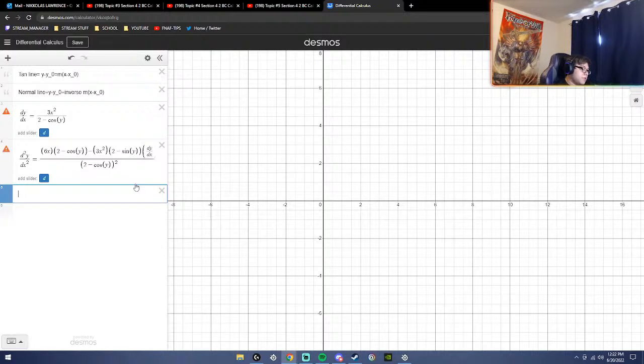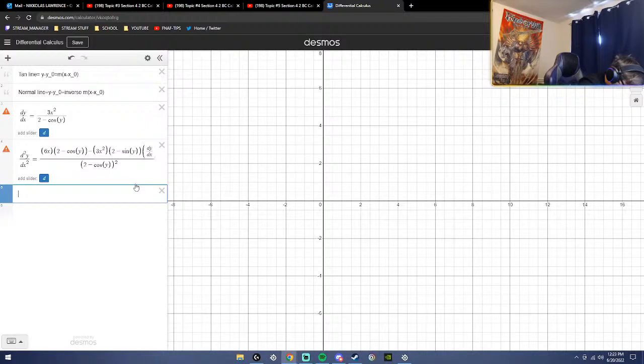I think just for simple terms, I'm going to keep it dy dx for right now, so that I can do the distributive property really nicely. So it's going to be 12x minus 6x cosine of y minus 6x squared. Oh wait, no, I don't think you can do that. 6x times 2 would just be 12x.